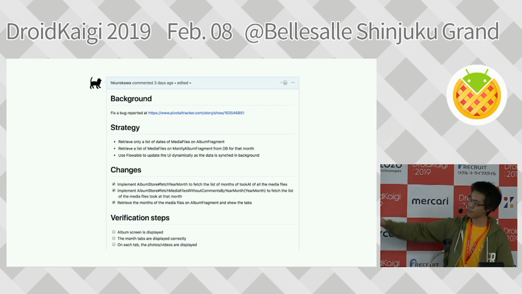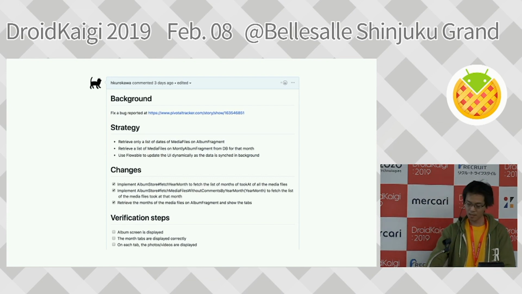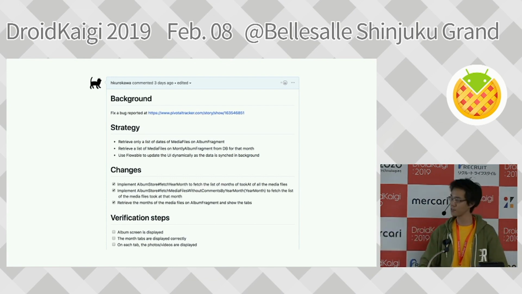And in this section, I'm describing making some operation asynchronous to solve the problem. And in the changes section, I listed the more detailed changes. For example, which method I changed and what kind of refactoring I made or something like that. Finally, I put verification steps to make sure this change works as expected.